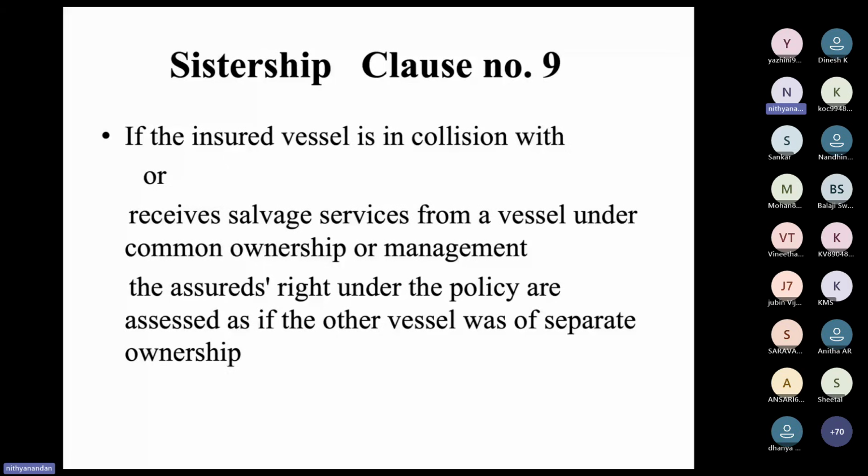I have insured my house. While taking out, my car hits my compound wall. In the fire policy, I cannot claim that. That is impact damage by the insured's own vehicle, because I cannot claim against myself. The vehicle is my own, the house is my own.